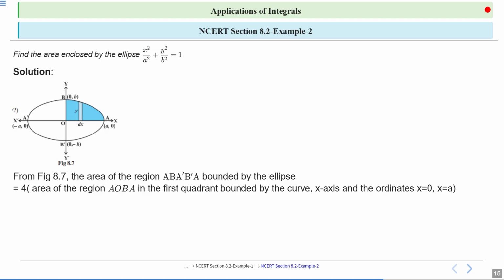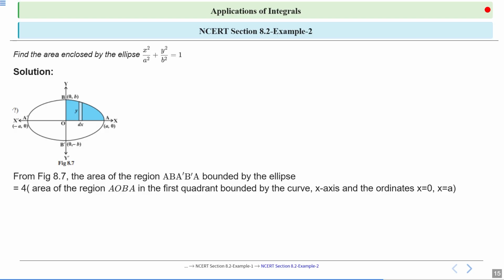The height of this vertical strip is y and the width is dx. You can consider the strip as a rectangle, and the area of a rectangle is length into breadth, and here the length is y and the width is dx. So the area of this thin vertical strip is y dx.